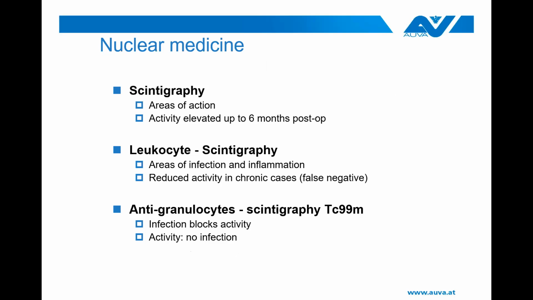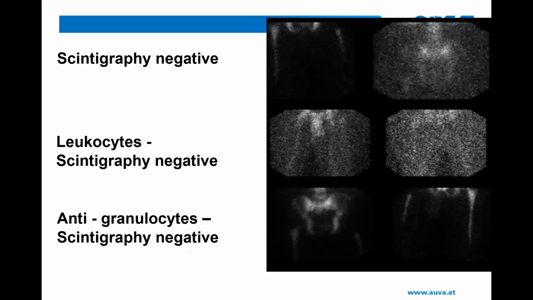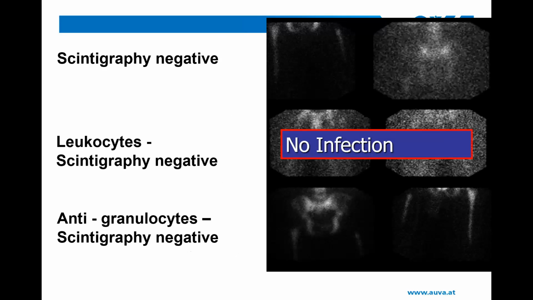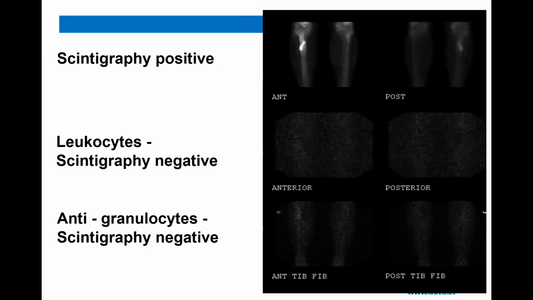But if you have a negative scintigraphy, and you have a negative leukocyte scintigraphy, and you have a negative antigranulocyte scintigraphy, which are three very expensive and, let's say, difficult to get diagnostic tools, then you will have no infection. But if you have a positive scintigraphy and a negative leukocyte and antigranulocyte scintigraphy, what does this mean?